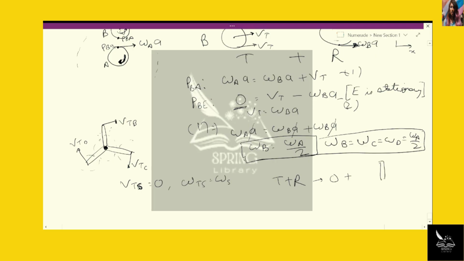So now we can look at the endpoints of the spider, and this, which is actually VTB, because it's rotating, is going to be omega S times the radius. And what is this radius? This radius is the sum of the two radii, A and A. So this is omega S 2A. Similarly here, omega S 2A, and here omega S 2A.